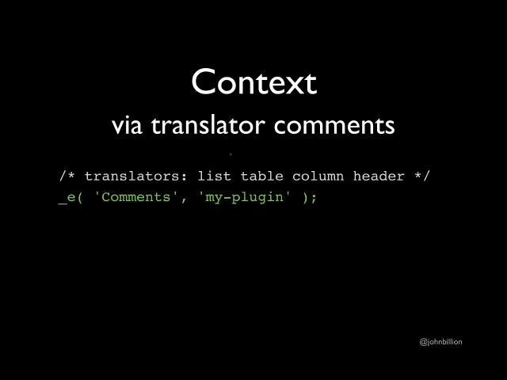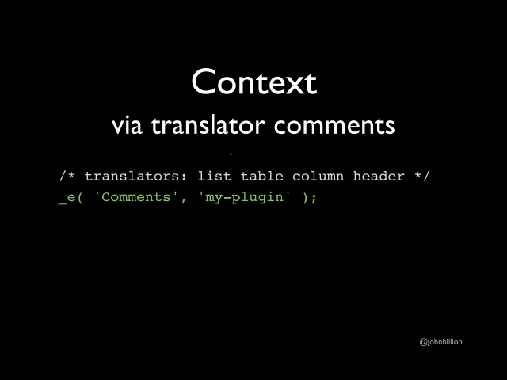On a similar note, if you want to make the lives of your translators easier, there's a functionality for this in WordPress where you can put an inline comment immediately preceding a piece of text. It should start with the word translators and a colon, and then a short piece of text which is basically only there to provide translators with an extra little bit of context which helps them more accurately translate that piece of text.